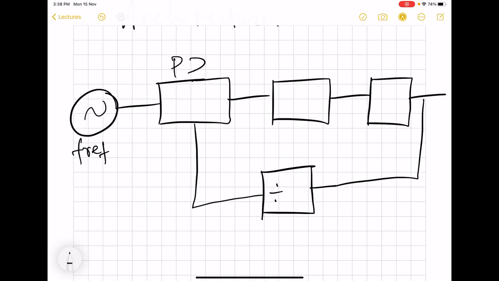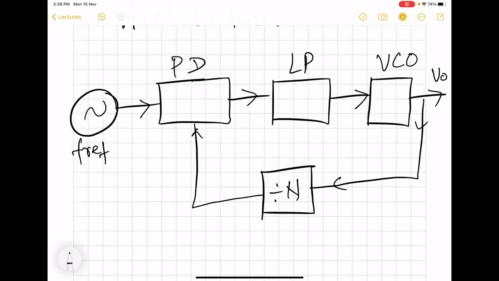So we have this block PD, then LP, then VCO, and divide by N. So output is going to be here.